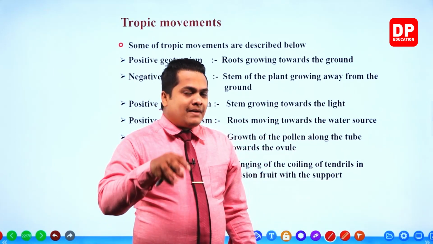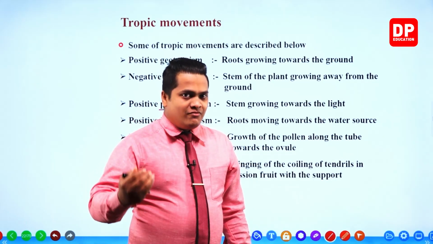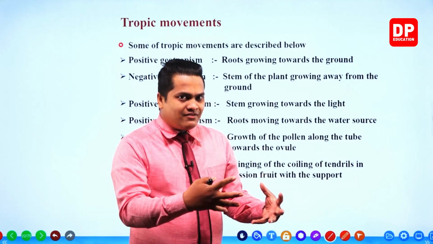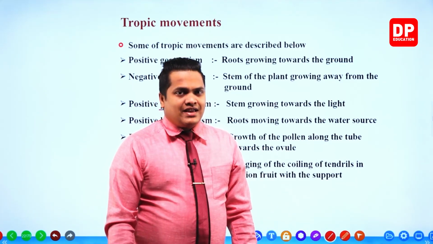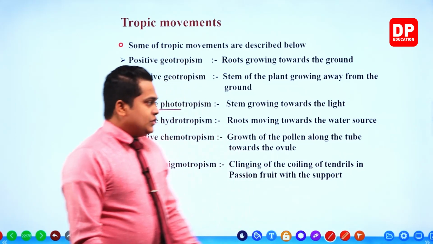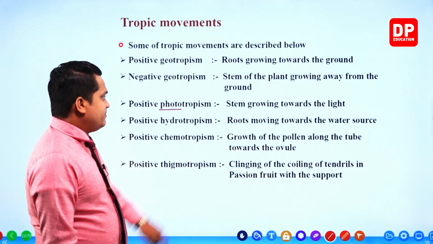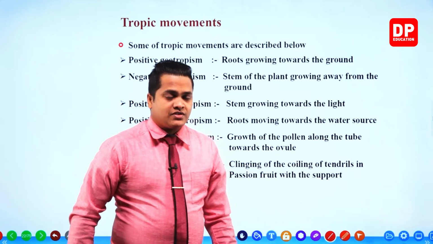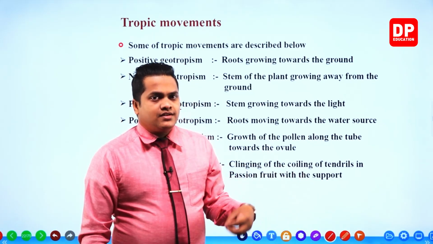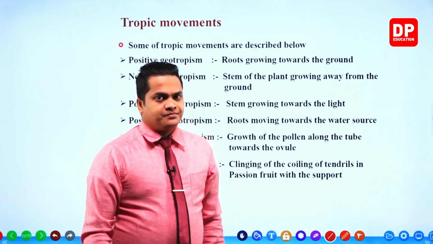See, just by looking at the word, my dear children, you can directly get the idea of the movement, right? So positive phototropism means, photo means light, so to the direction of the light, a certain thing is going to grow.